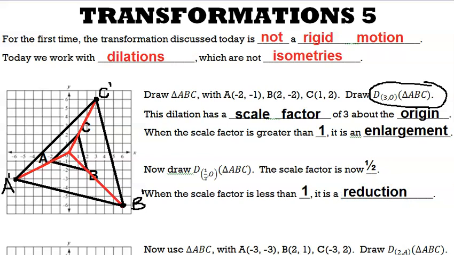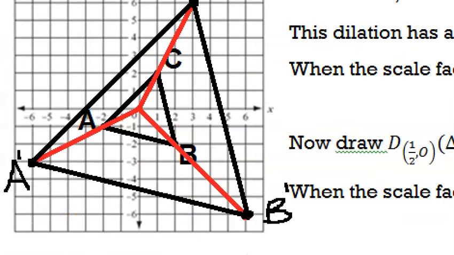So now you are going to take every ordered pair and cut it in half, which means instead of -2 and -1, you're going to get -1 and -1/2. Instead of 1, 2, you're going to get 1/2 and 1.